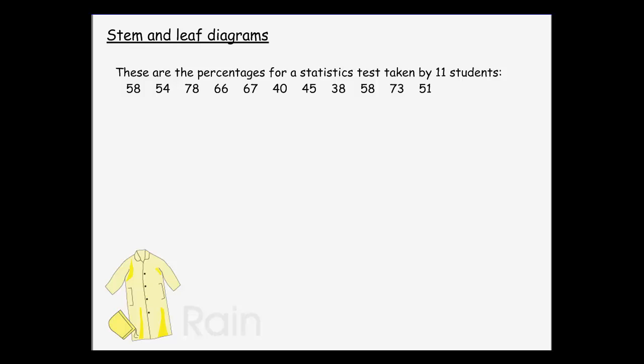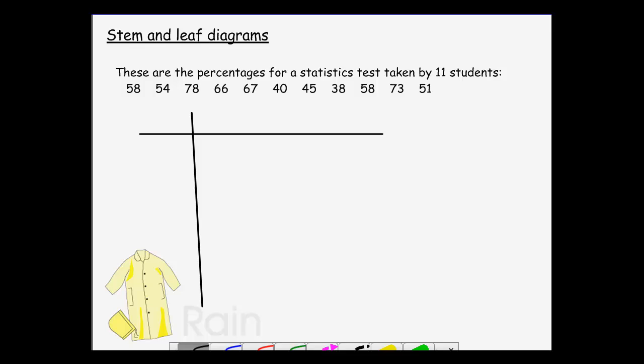Okay, stem and leaf diagrams. So here we have a set of results for a statistic test taken by 11 students. We want to put these into a stem and leaf diagram. So for a stem and leaf diagram, we obviously need a stem and a leaf.